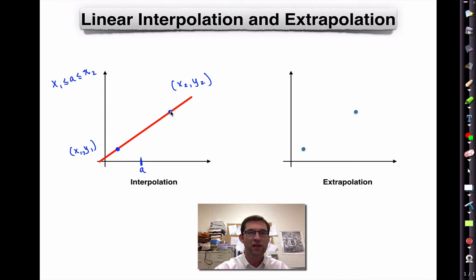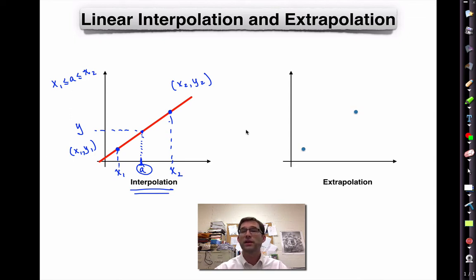I'm going to assume it's a line, and I'm going to use that linear relationship to predict a y value for that particular input. This is what's called interpolation, because the thing I'm trying to predict is inside of my first x value and my last x value. Now that might be a good prediction, or it might be a terrible prediction depending on how linear the relationship is between the two given points.